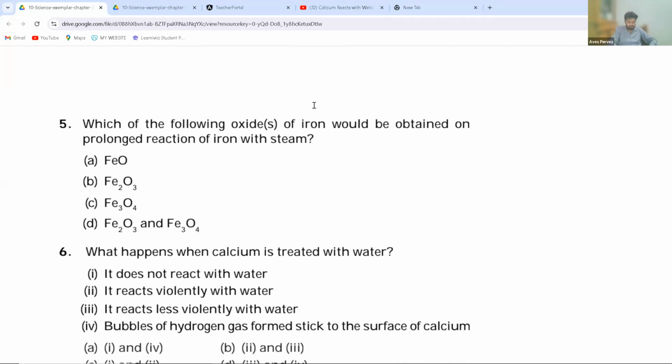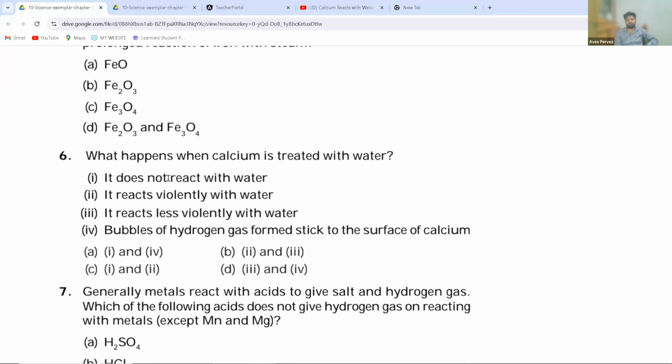C. Fe3O4. Fe3O4 means when iron reacts with water, it reacts with steam and forms Fe3O4. Yes, what is the answer for question number 6?